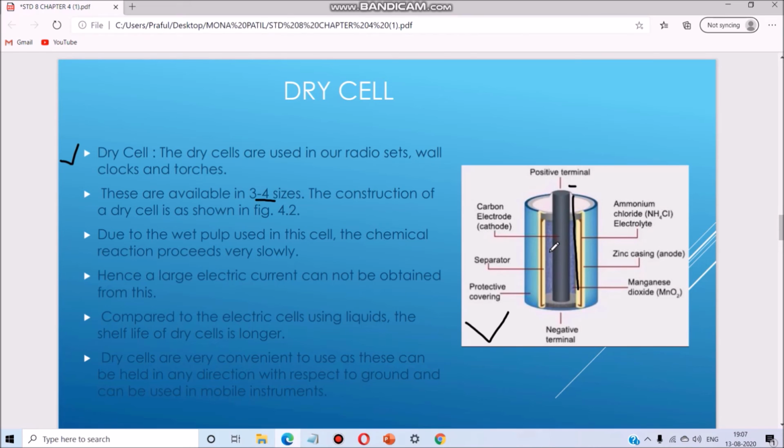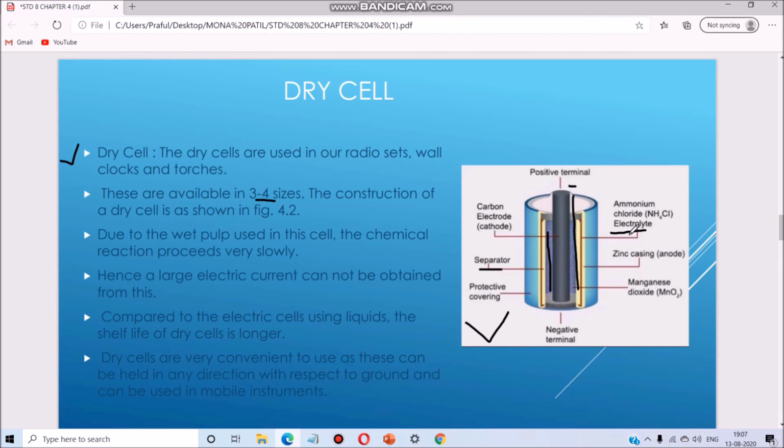Around it there is a filling of manganese dioxide, MnO2. This is separated by a separator, and the outer zinc casing is the anode. Here you can see a brown colored layer, which is ammonium chloride, NH4Cl, the electrolyte.